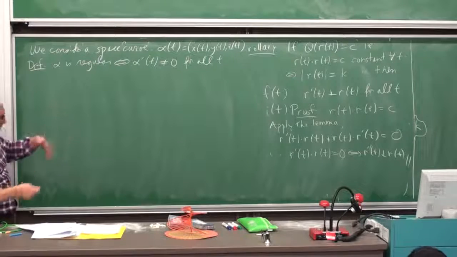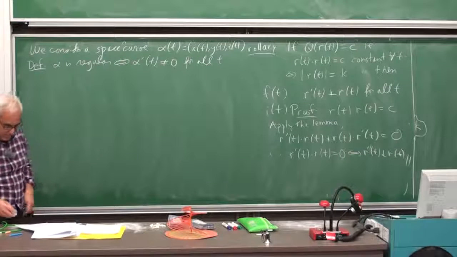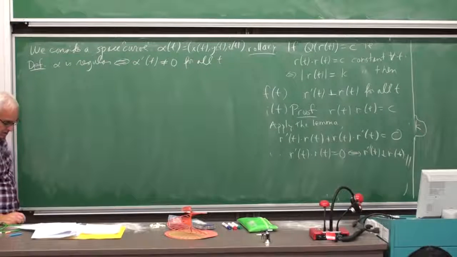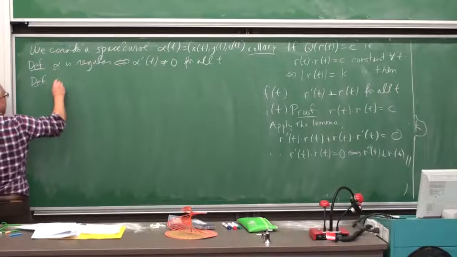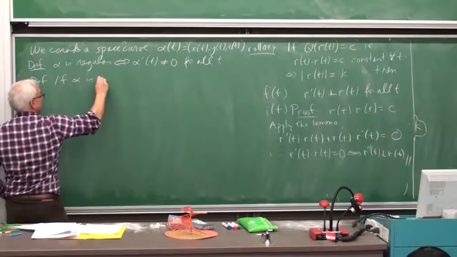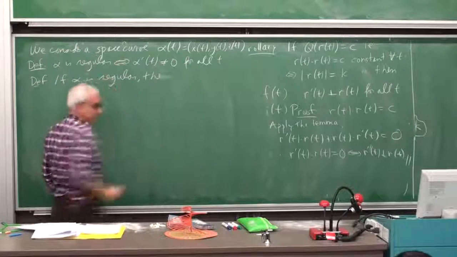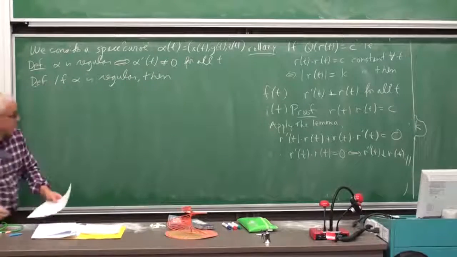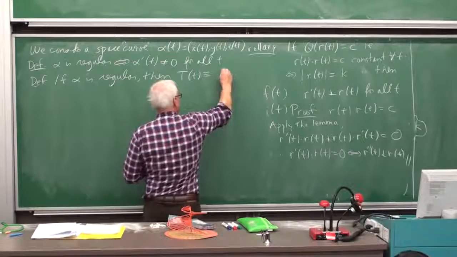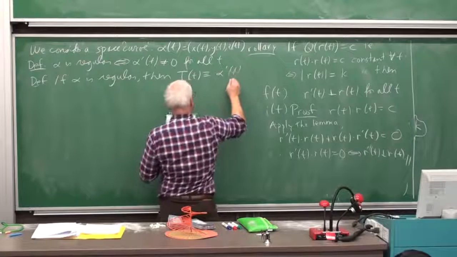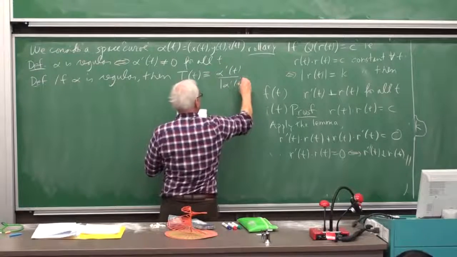That's going to be a useful condition because we're going to be dividing by speeds occasionally. So another definition: if alpha is regular, then we'll define T of t to be the derivative alpha prime of t all over the length of alpha prime of t.